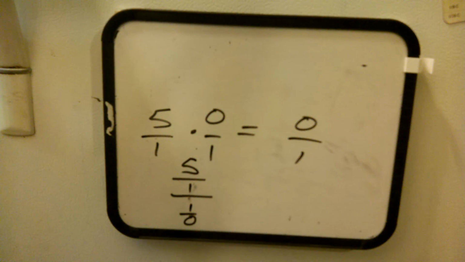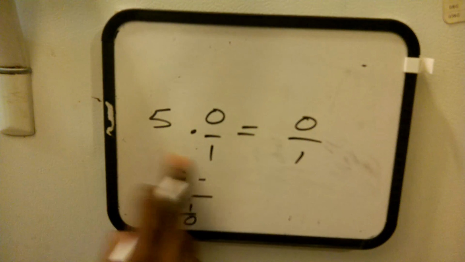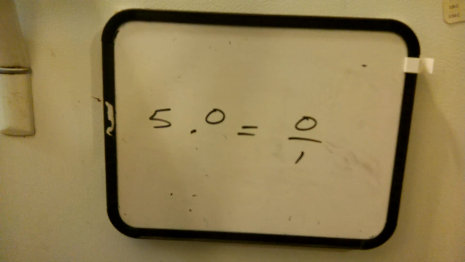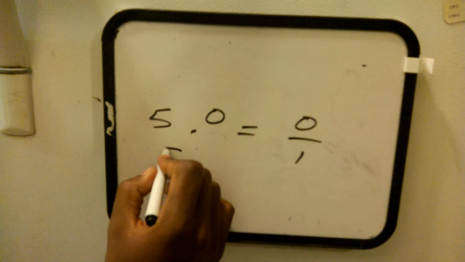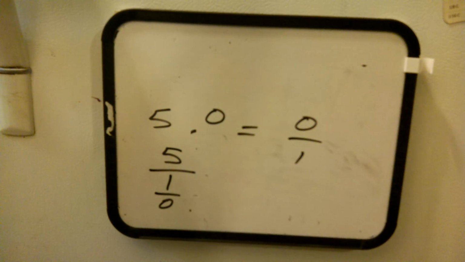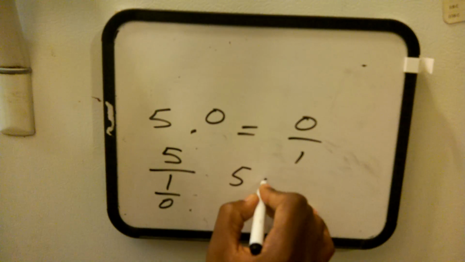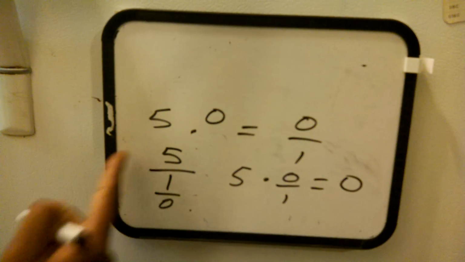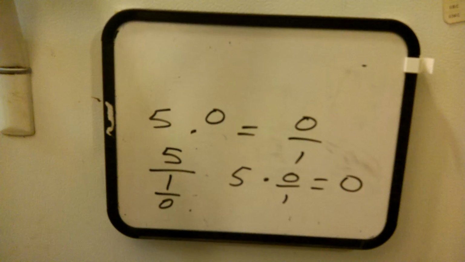That's what we just said. Or if you just took off the 5 and said 5 times 0, well, that really is 5 divided by 1 over 0, which is 5 times 0 over 1, which equals 0. We've been dividing by zero all along, all this time.